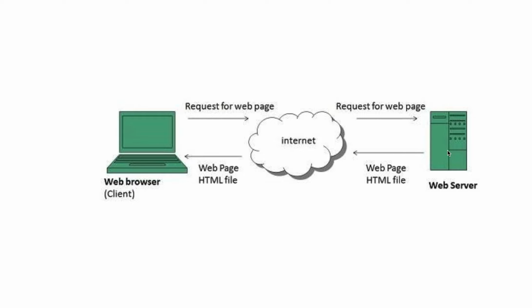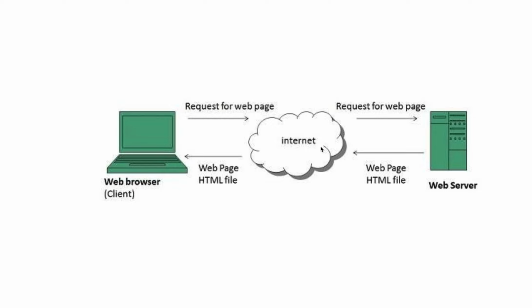So this HTML is passed from the server through the internet back to your browser, okay? And your browser renders the HTML. It displays the HTML in a form that you can relate with and interact with, right? But the whole process involves the server generating this output, right?